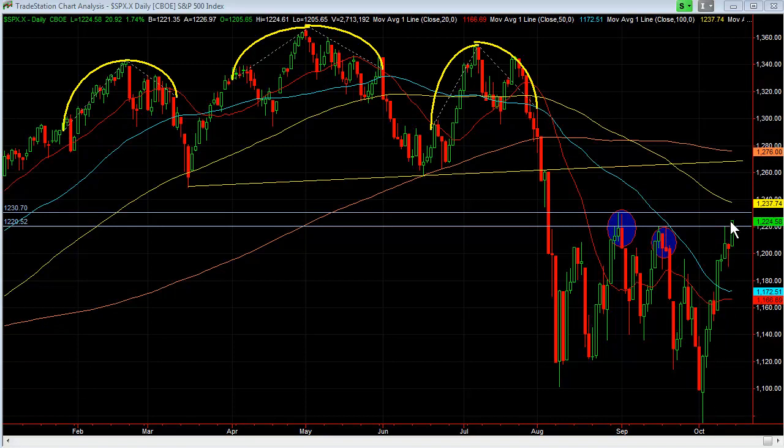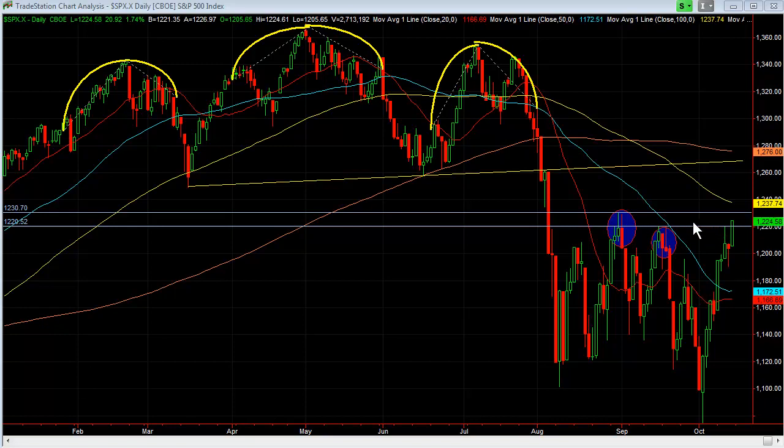And then we've had this current rally of over 10%, almost up to 12% from the October 4th low to the high right here. So the extreme move here, we're currently in a very overbought situation, but we're breaking through some of these major resistance zones.